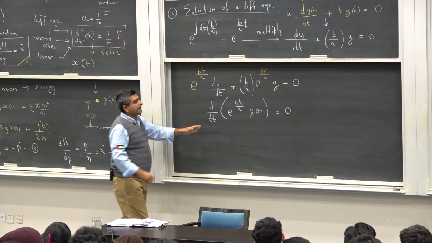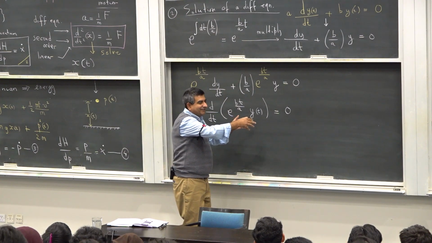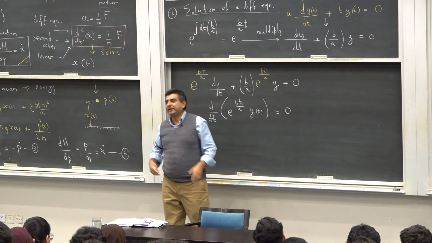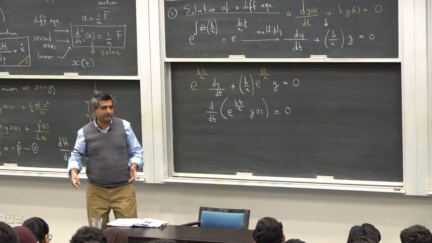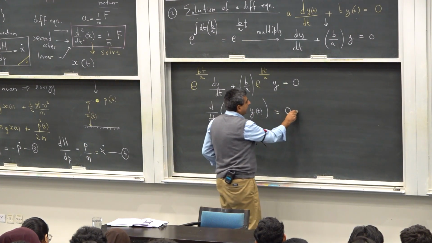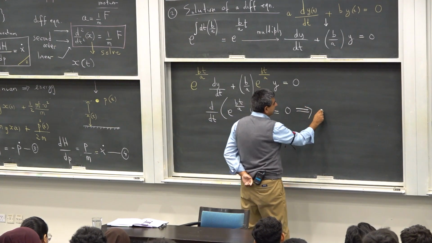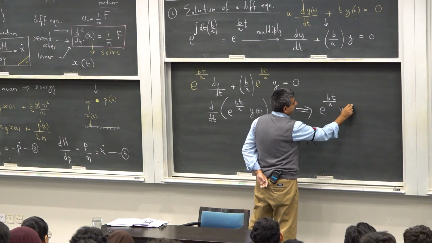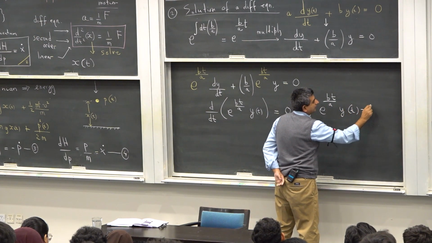Now I have a derivative of something equaling 0. What is that something? It's a constant. So this means that my something, which is in the big brackets, is a constant, some k.